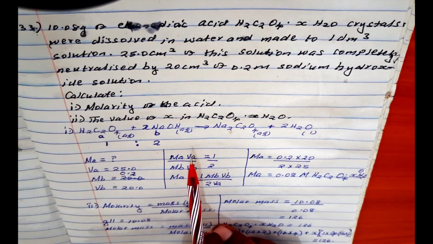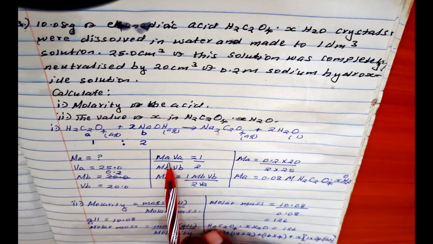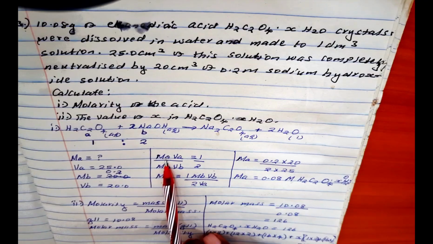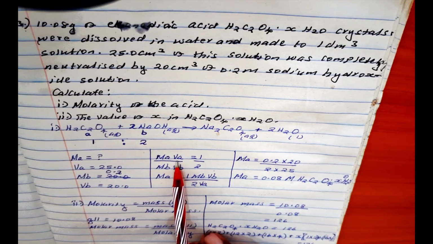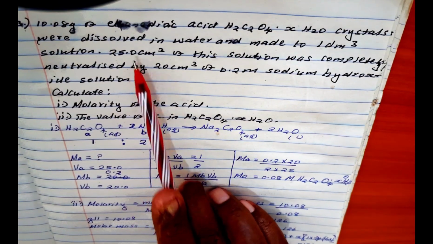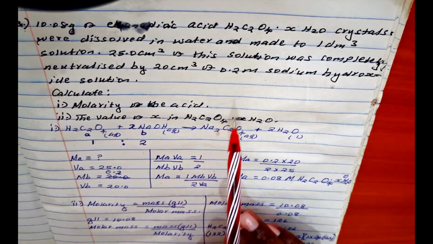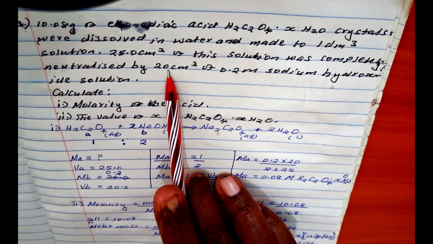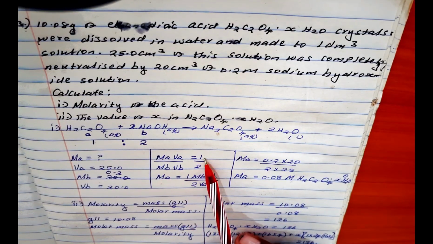So how do we get the molarity of the acid? The molarity of the acid is obtained by the following formula. Molarity of the acid, times the volume of the acid, which is 25.0 cubic centimeters, divided by molarity of the base, which is 0.2 molar, times volume of the base, which is 20 cubic centimeters, should give us the mole ratio of the acid to that of the base.